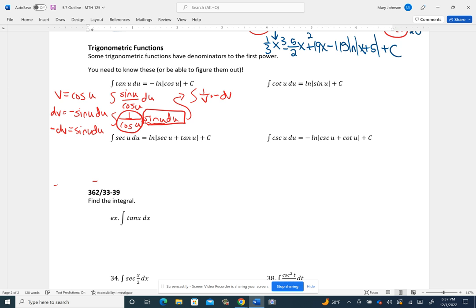All right, so I just need to integrate negative 1 over v dv. So when I do a 1 over v, that's going to be natural log of the absolute value of v. The negative is a constant that I can bring down, and then I need to do the plus c. So natural log of v, I'd have a negative out in front and then a plus c, and v is the cosine of u. So that's where that came from.